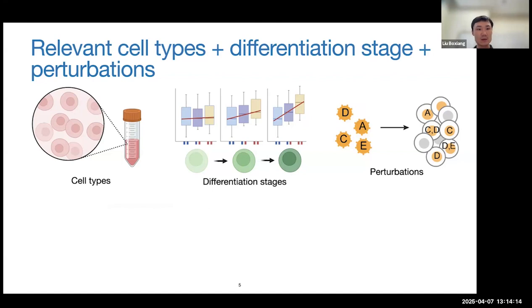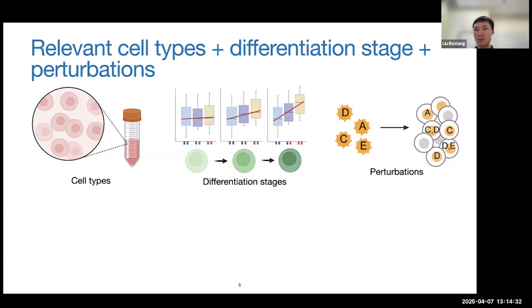The first is that we need to look at the correct cell types, because many of the co-localizations are cell type-specific. And we need to look at the correct differentiation stages, because some of the QTLs only show up in cell types that are not terminally differentiated.